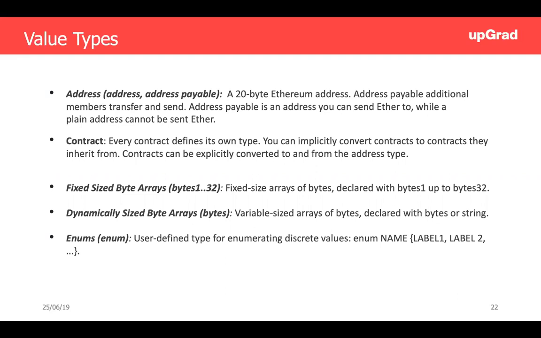They're called address, right? There are two types of addresses inside of Ethereum. One is called address, the other one is called address payable. Okay, so two different types of addresses: simple addresses and address payables.